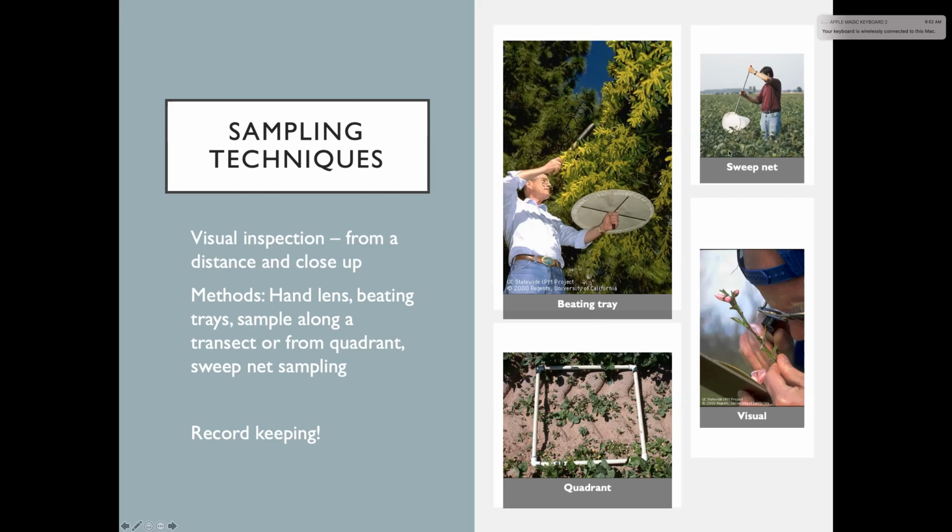You can also collect insects using a sweep net. This guy up here is sweeping for various insect pests. You can sweep along a transect, which is just a straight run of plants, or you can sample from within a set area, like a quadrat that you define, and sweep for a certain period of time and see what you collect.